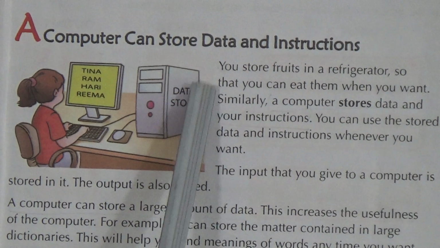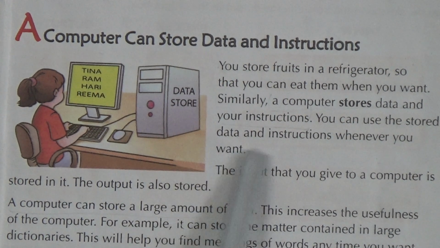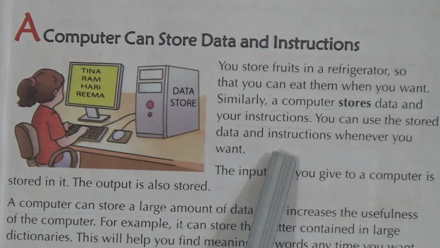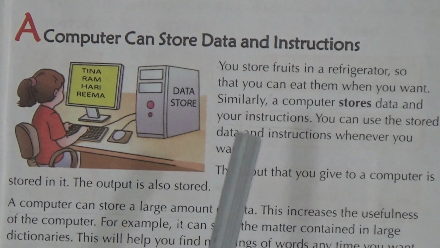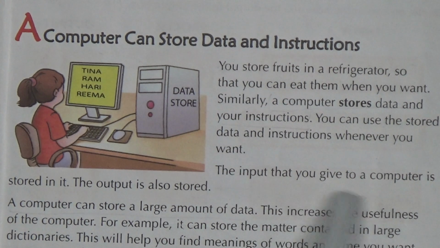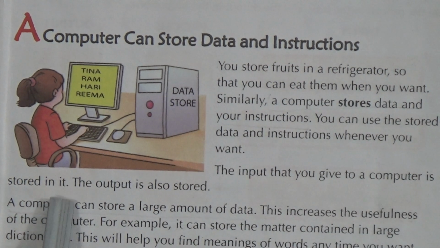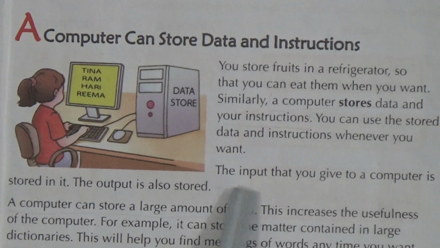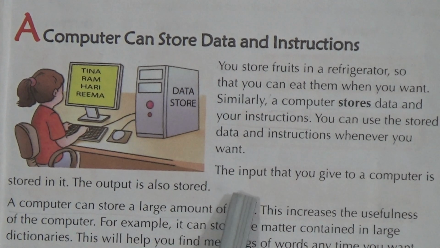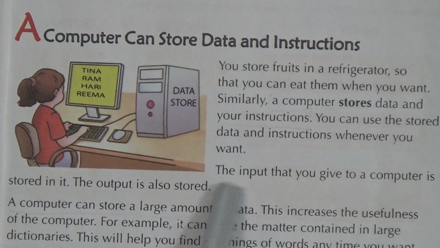You can get the food out of the refrigerator and you can also use your stored data and instructions from the computer whenever you want. The input that you give to a computer is stored in it. The output is also stored. So the input and the output that's being given to the computer, both are stored inside the computer.